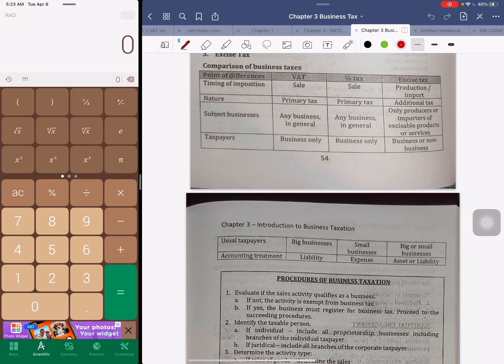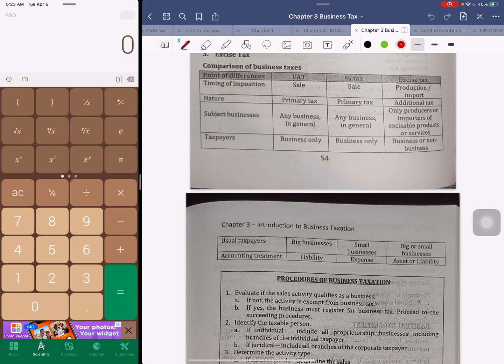However, if we're talking about excise tax, the moment na nagkaroon ng importation o nagkaroon ng production ng goods or services, that's the time na i-impose yung business tax. Specific itong excise tax, no? So, therefore, kahit hindi pa nabibenta yung products, no, as long as subject siya sa excise tax, meron na kagad tax. Okay?